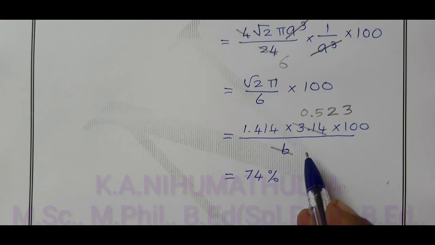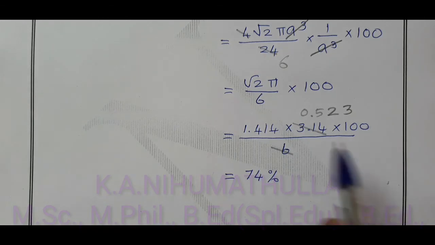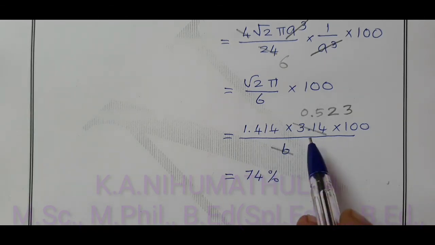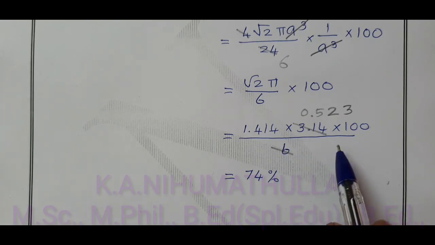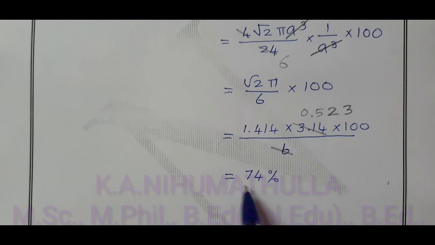The cubic close packing is based on the face centered cubic unit cell, and this is the total volume occupied by the spheres in face centered cubic. In face centered cubic the atoms are present at 8 corners, and in each of the 6 faces there is one face centered atom.